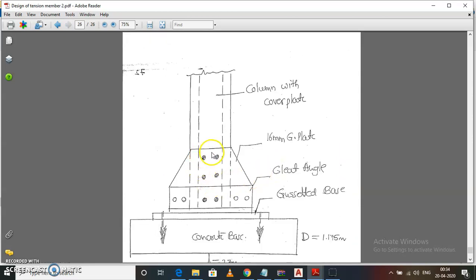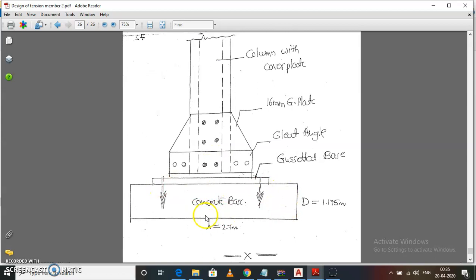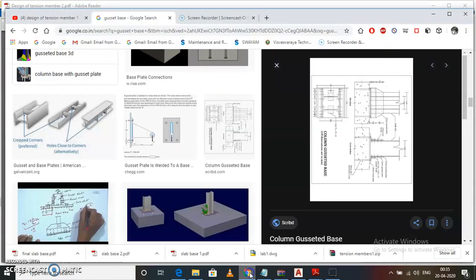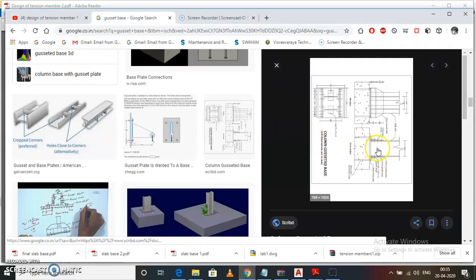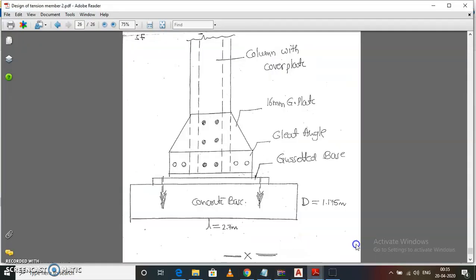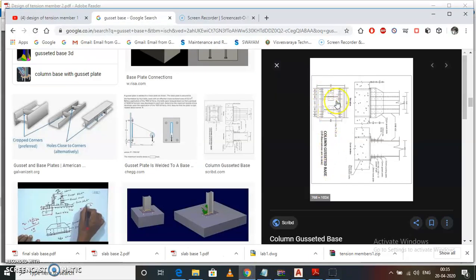So this is the final diagram. These are the 6 bolts to be connected to the column, the gusset plate and the cleat angle. This is the concrete base. Whatever we have written here is the side elevation. You can also write the top view, that is the plan for the gusset base.